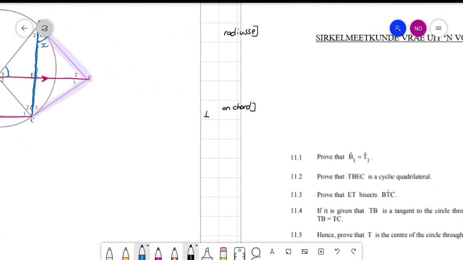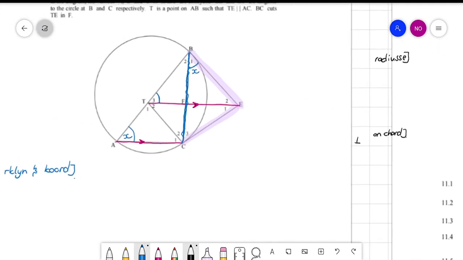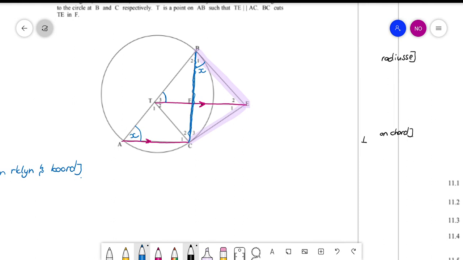Okay, next up. Prove that TBEC is a cyclic quad. Yeah, and then you just work from one point.